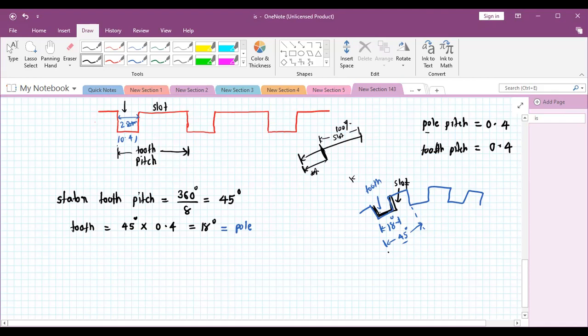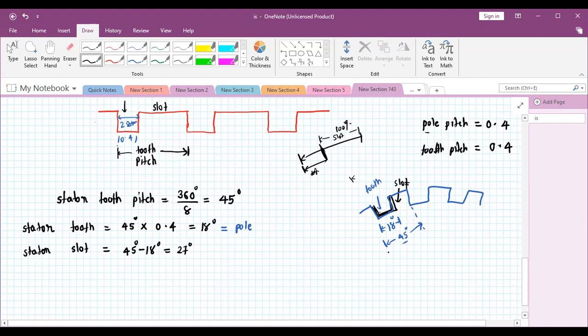And we are discussing your stator tooth. In the same way, we are discussing the stator slot, which is equal to 45 minus 18, that is 27.